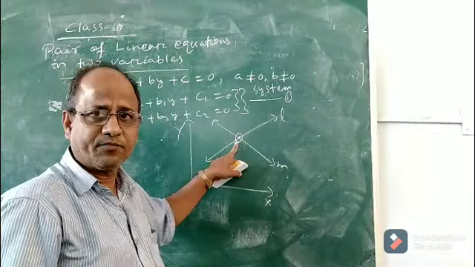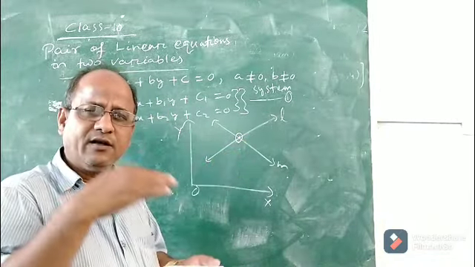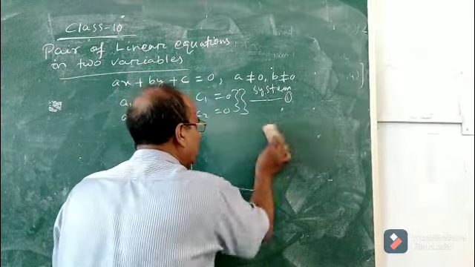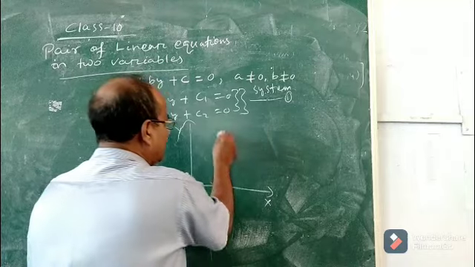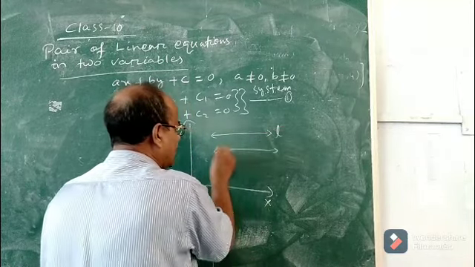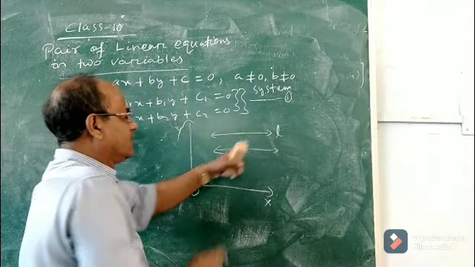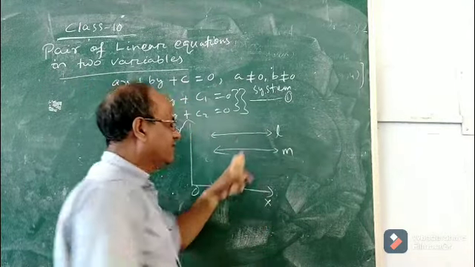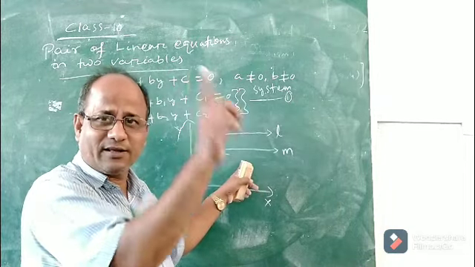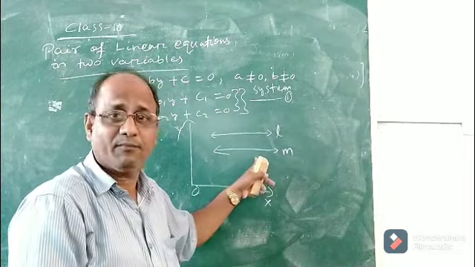It may also happen that the two straight lines, the graph of these two equations, are parallel. So two lines in a plane may be either intersecting or parallel.